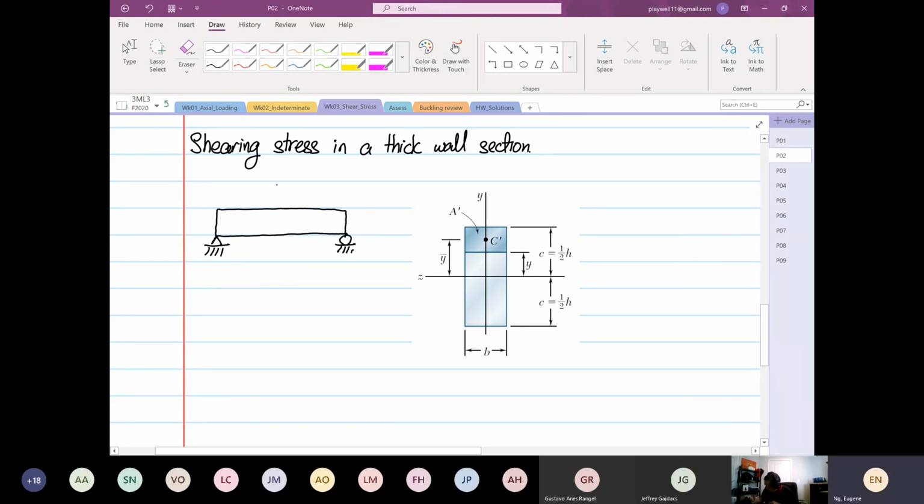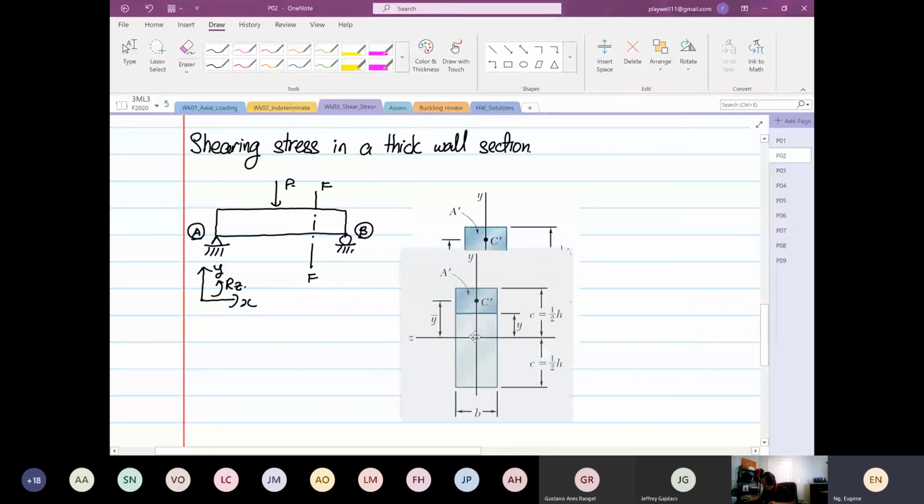And then we have a certain load P. And this is our translation, X, Y, and we have rotation about our Z. So there's our point A, point B. And this is our section FF, for example.